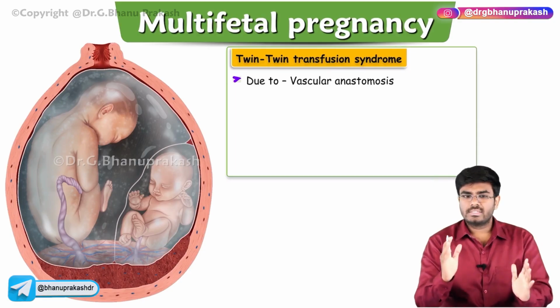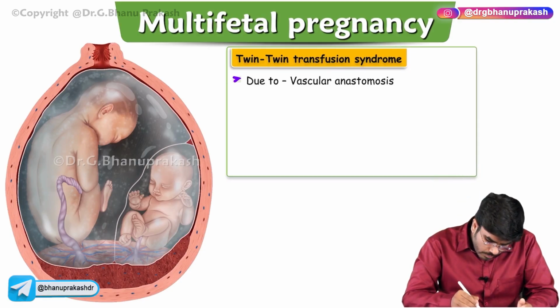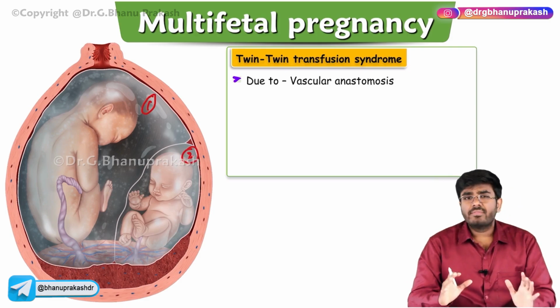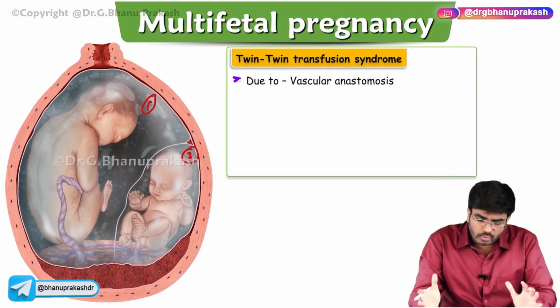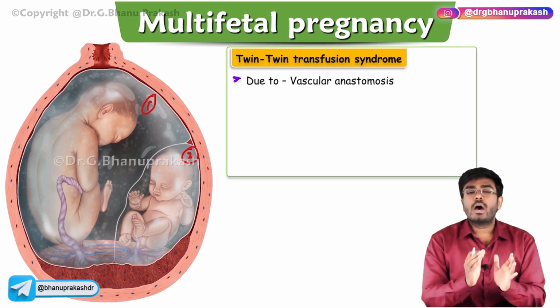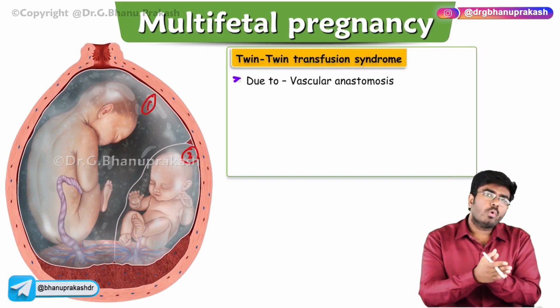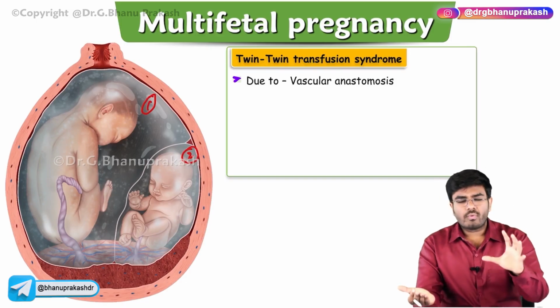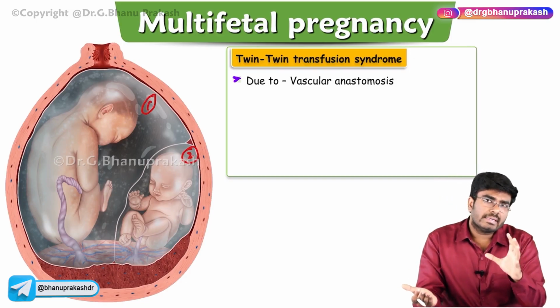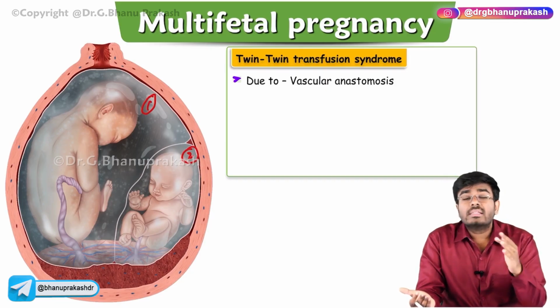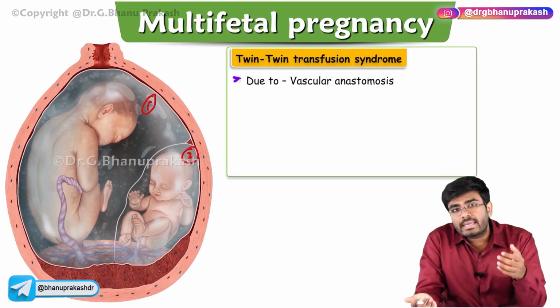Now, after fetal complications, let's discuss twin-to-twin transfusion syndrome. There is one twin, other twin. Please concentrate here. Twin number 1, twin number 2. What exactly is twin-to-twin transfusion syndrome? Blood of one twin is going to the other twin. So one twin is acting like a donor and the other twin is acting like a recipient.